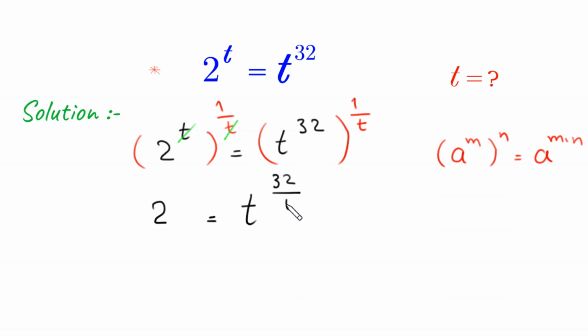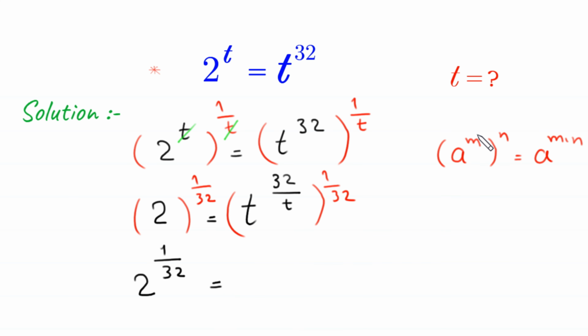32 over t, and from here we take power 1 over 32 on both sides. So the left hand side will become 2 to the power 1 over 32 is equal to, by using this power rule, when we multiply this 32 over t by this 1 over 32, this 32 will be cancelled out with this 32, and the right hand side will become t to the power 1 over t.